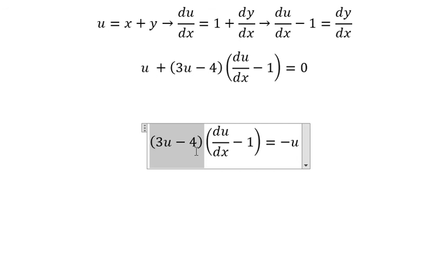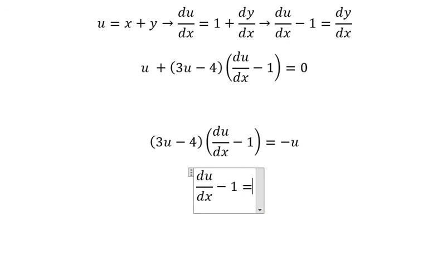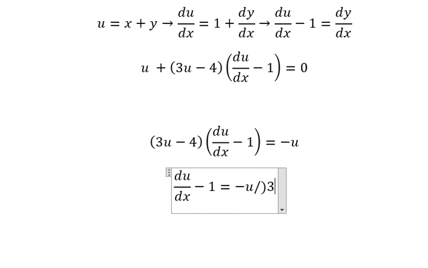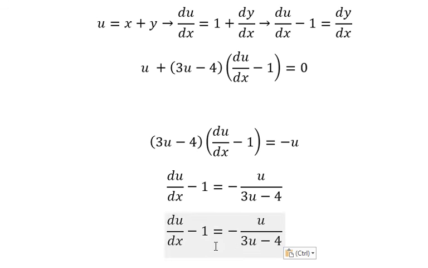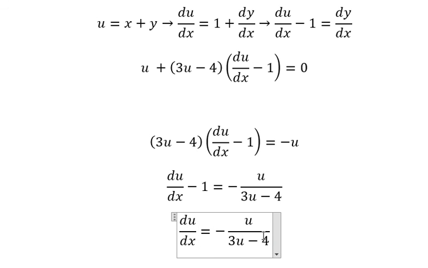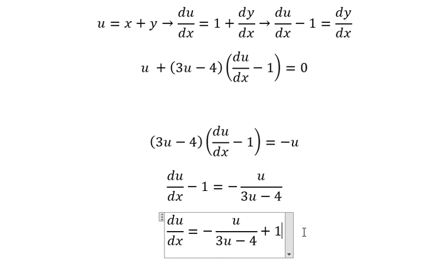Later we divide both sides by this one. We put negative number 1 to the right. And we have positive number 1.